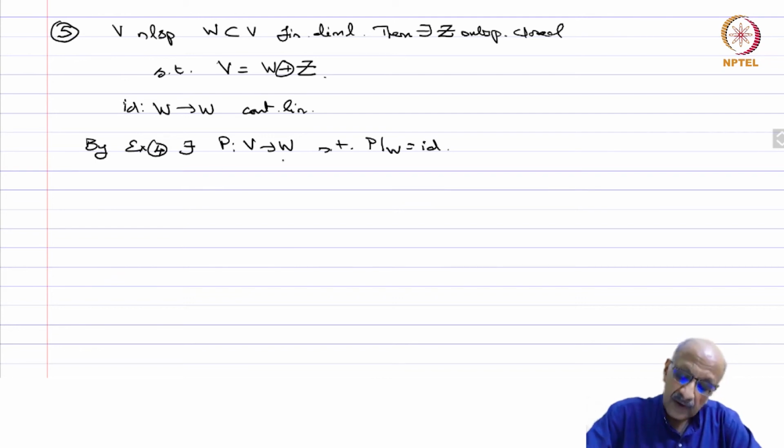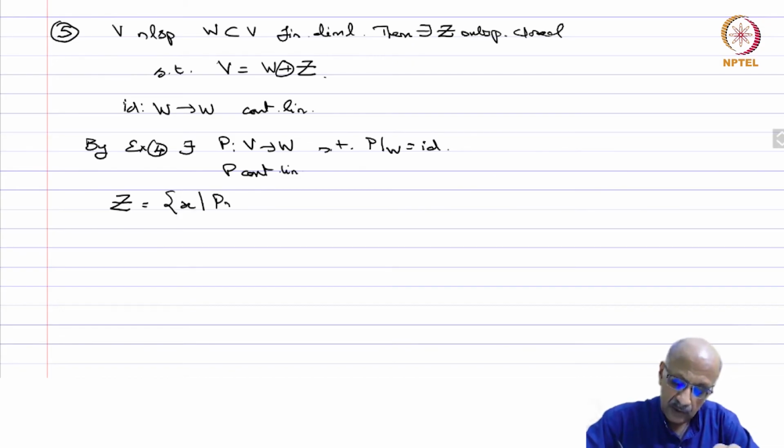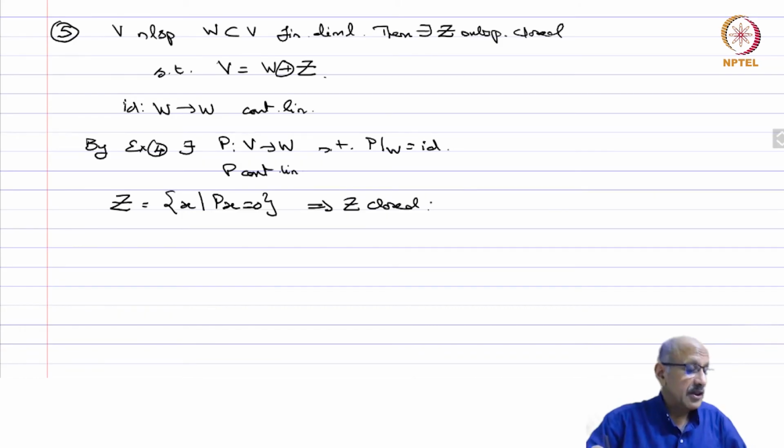And of course P is continuous linear. So now you define Z as the set of all x such that Px equals 0. So this implies that Z is closed, no problem about that. It's the zero set of a continuous linear map, and therefore it is closed.